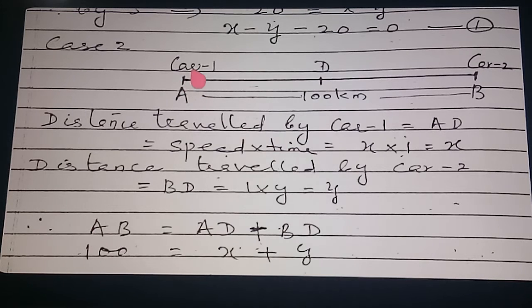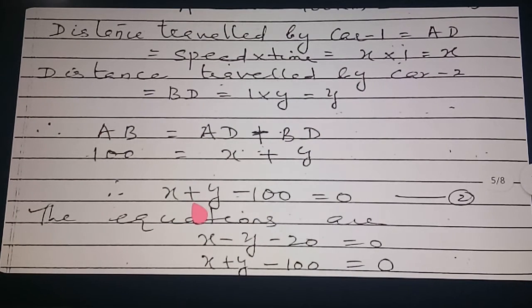And now this AD plus BD, total what is coming? AB. So AB is equal to AD plus BD. So AB how much? 100. 100 is equal to x plus y. Equation got now? See, x plus y, this 100 going this side, minus 100 equal to 0. Therefore the equations are the first equation and the second equation. Got now?